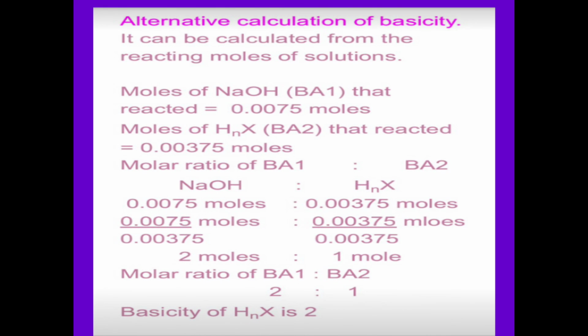Now there is another alternative we can use to calculate the basicity of the given acid. Here we just needed to calculate the number of moles of each of the substances reacting. So in this case, we have the number of moles of sodium hydroxide. We calculated 0.0075 moles.